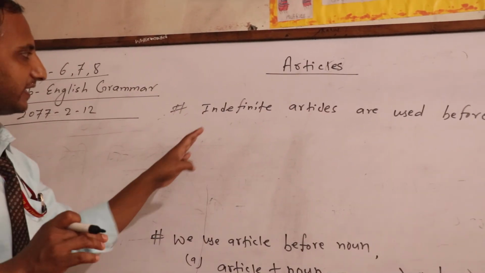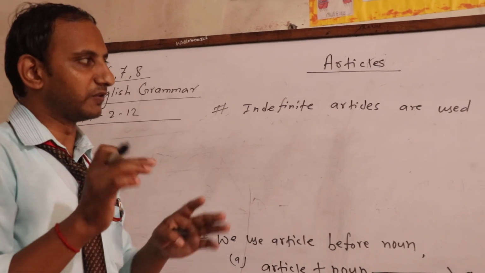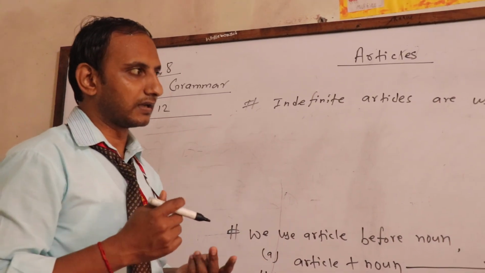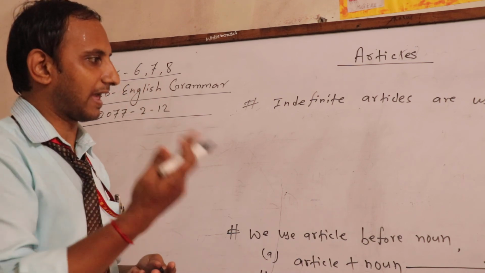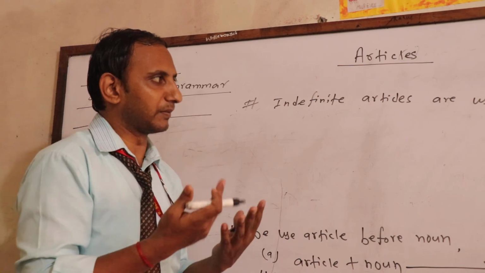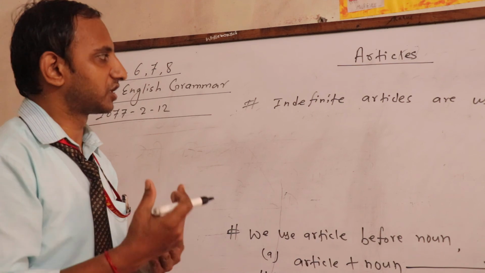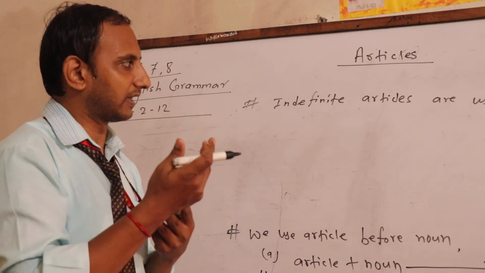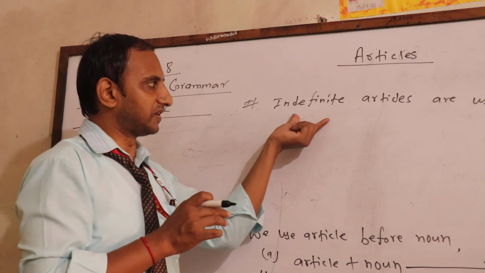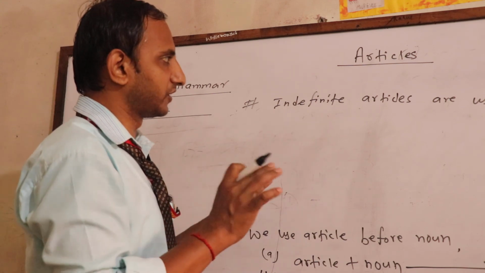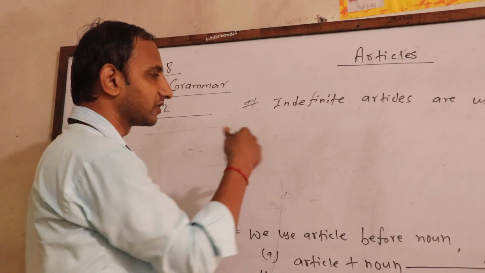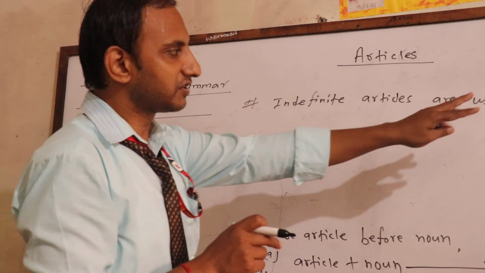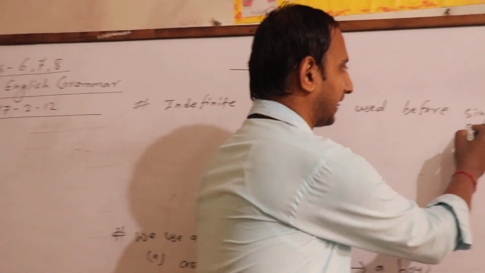We cannot use indefinite articles a or an before uncountable nouns, like water, like air, like salt. So these types of nouns are not preceded by indefinite articles. Right? Uncountable noun को अगाडिमा indefinite articles को प्रयोग हुँदैन. It is only used before singular countable nouns.